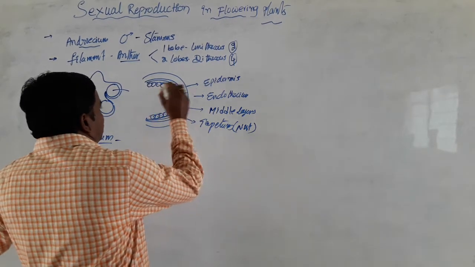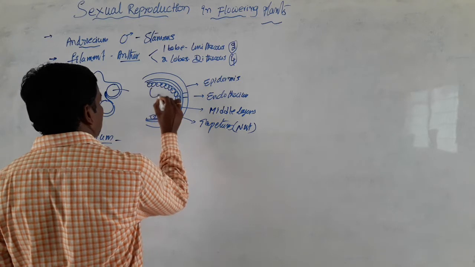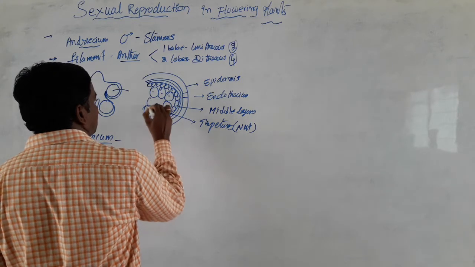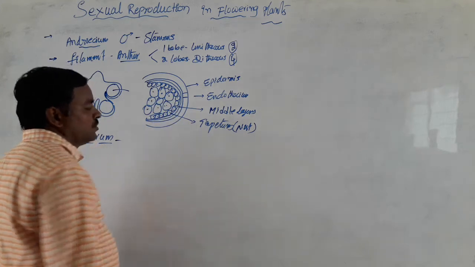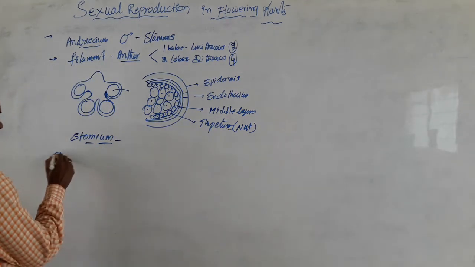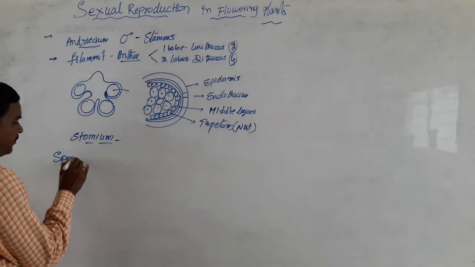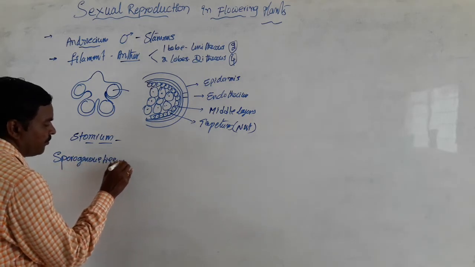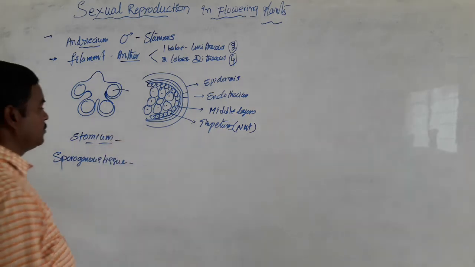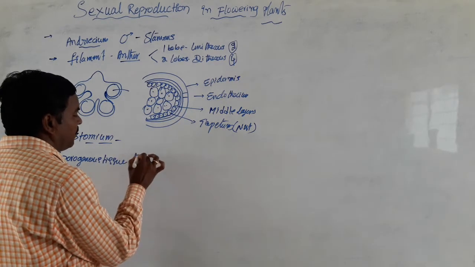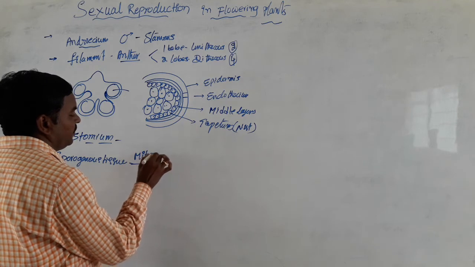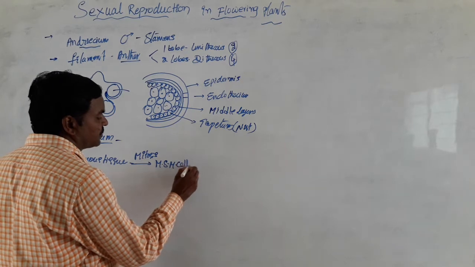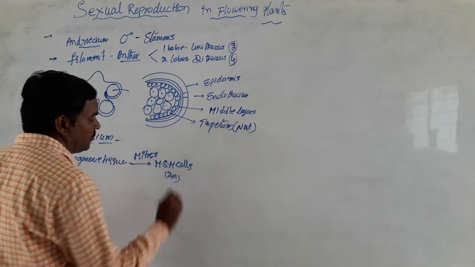Just inside this anther wall, there are some homogeneous cells called sporogenous tissue. Now this sporogenous tissue divides by mitosis, leading to the formation of microspore mother cells, 2n.